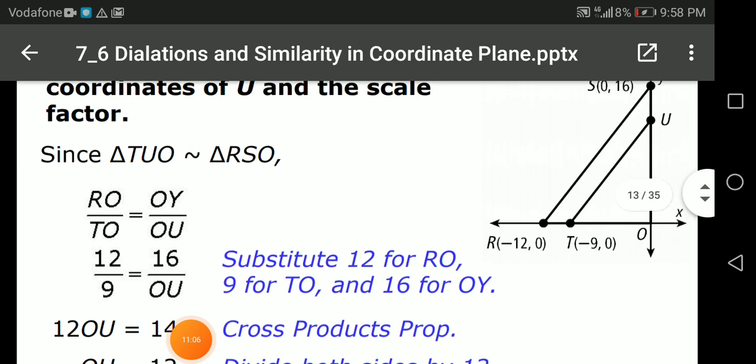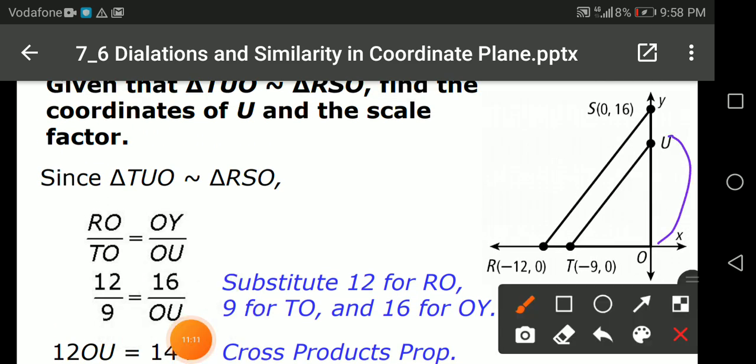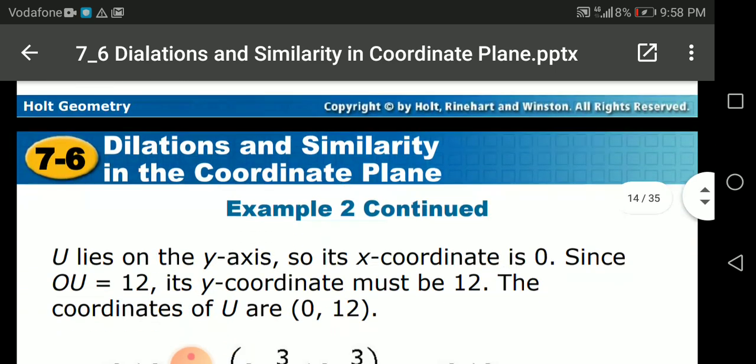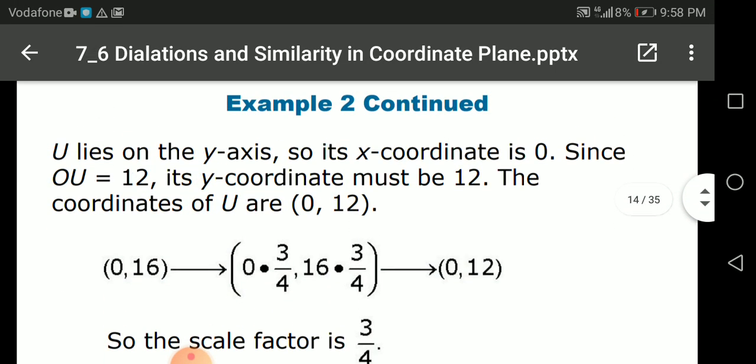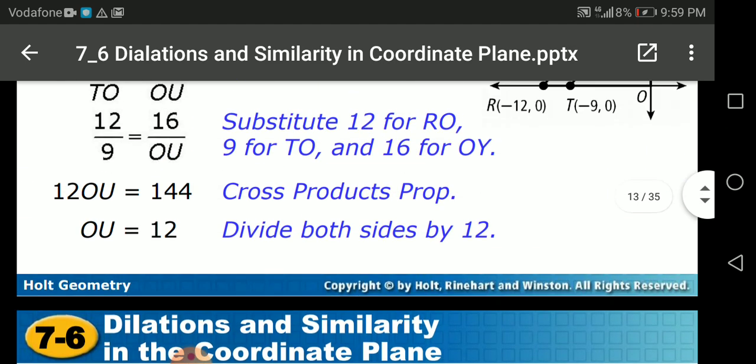So we have 0 and 12, on the y-axis. The x-coordinate will be just 0, on the origin, and then go up until 12. So here I have the coordinates 0 and 12, and the other one is 0 and 16.